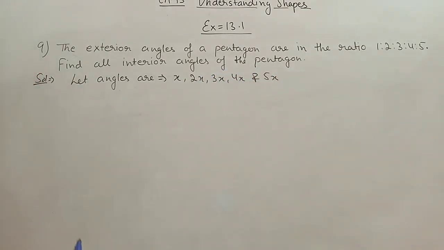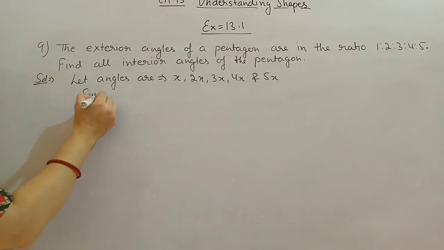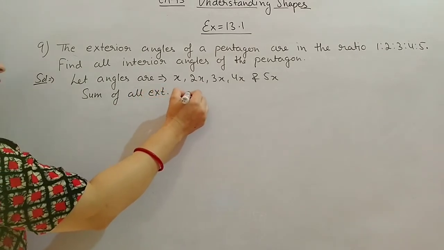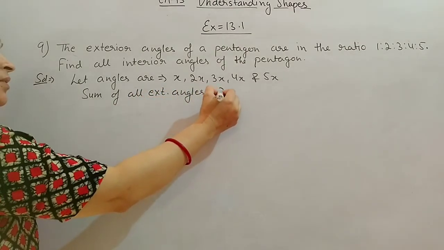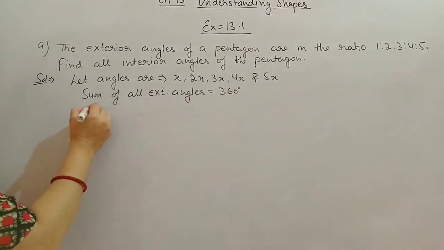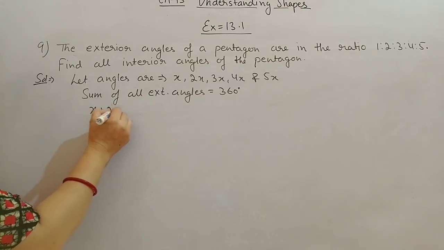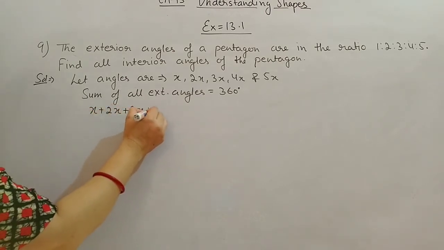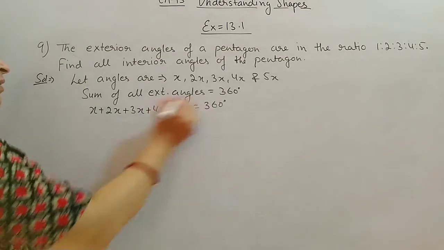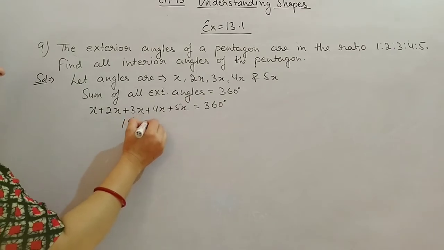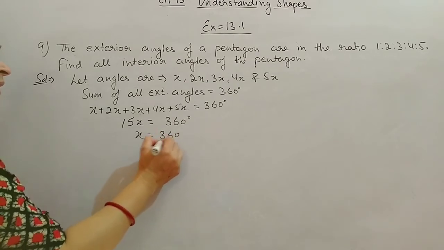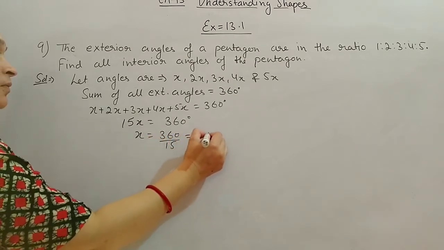Then we will use exterior angle property. The sum of all exterior angles always will be 360 degree for all polygons. So here add all the exterior angles: x plus 2x plus 3x plus 4x plus 5x equal to 360 degree. So after addition we will get here 15x is equal to 360. So x value will be 360 divided by 15, that means 24 degree.